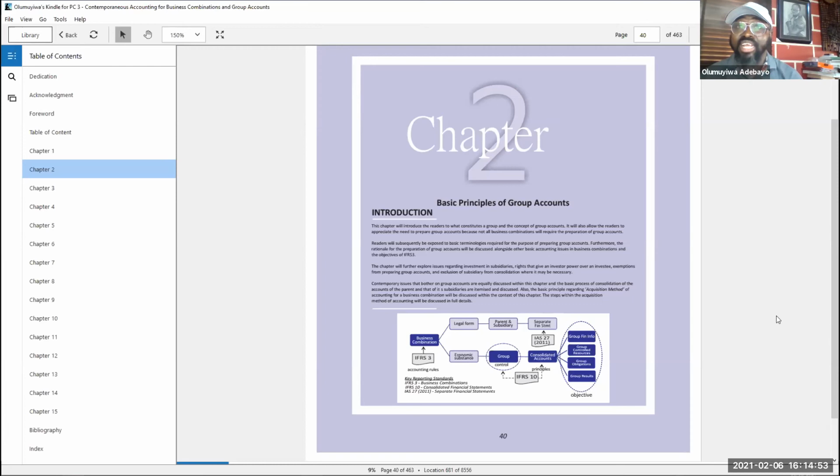All that we have considered today is within the ambit of International Financial Reporting Standard 3, which talks extensively about business combinations.